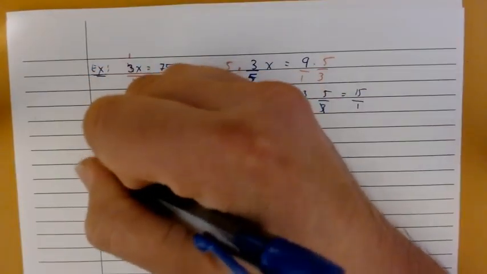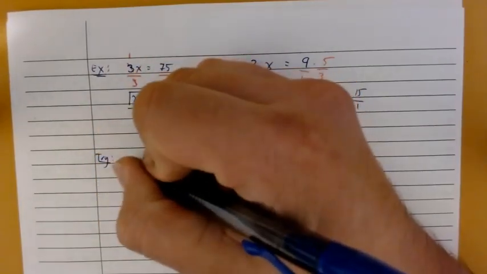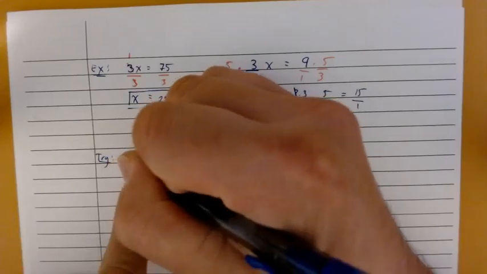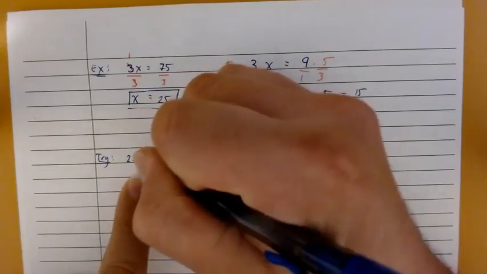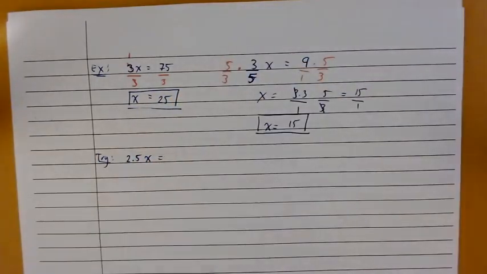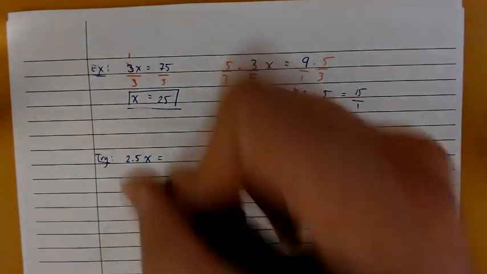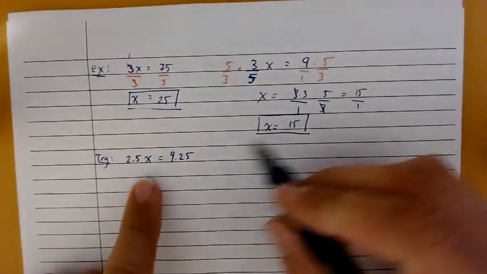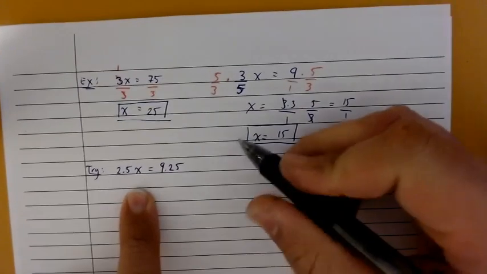So go ahead and give this a try. Go ahead and isolate your variable. Let's have you try 2.5x. So you have a decimal. 2.5x is equal to 9.25. Okay. And then we have one with decimals. Also try one with fractions.